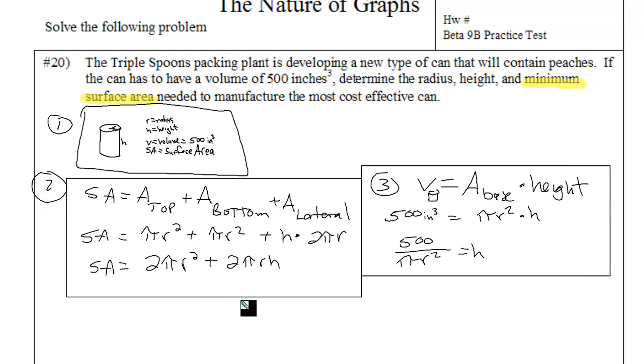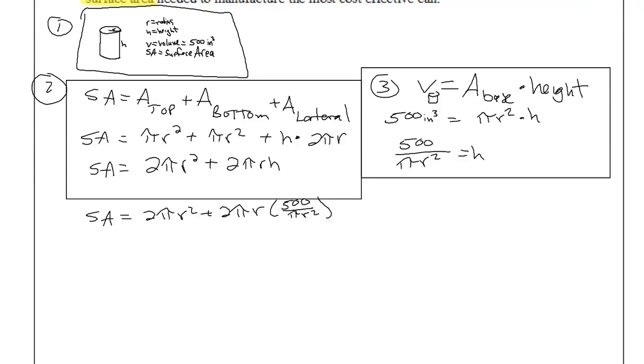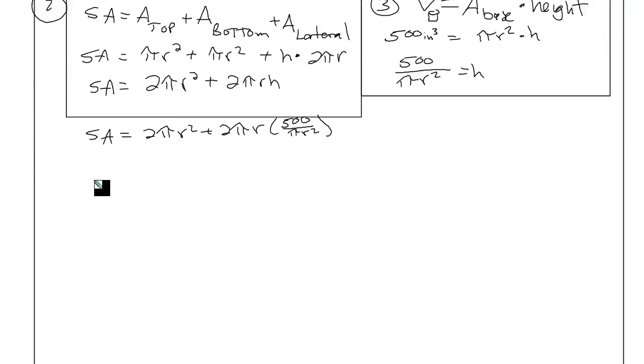We can now replace all these h's here. Now there's only one variable, with 500 divided by pi r squared. If we simplify this, r divided by r squared, this is going to be r.